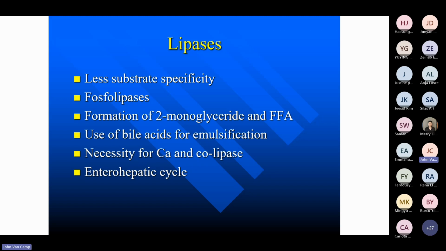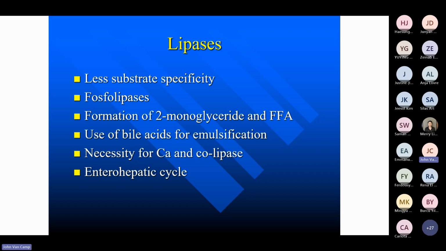We also need calcium, which links up with the so-called colipase. A colipase is a smaller enzyme that attaches to the interface and pushes the bile acids away, because the bile acids are fully occupying the interface, which means that the real enzyme, the lipase, cannot interact with the substrate.